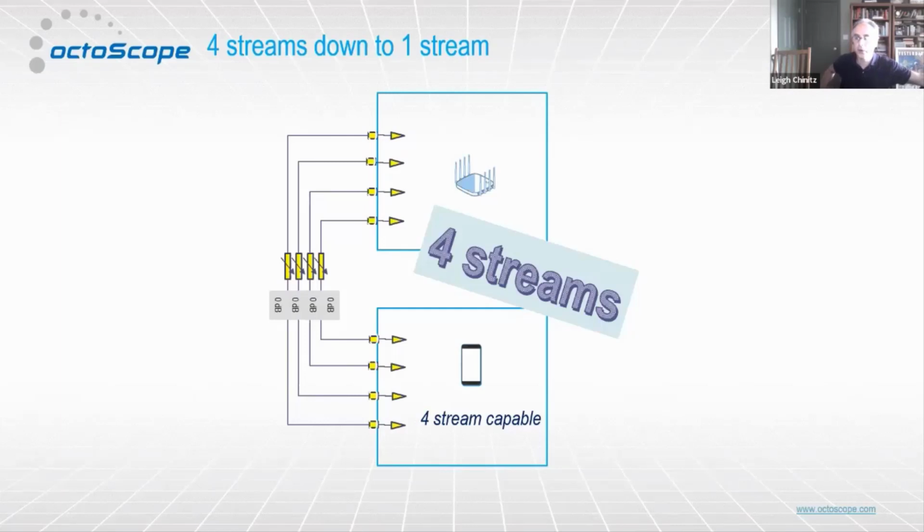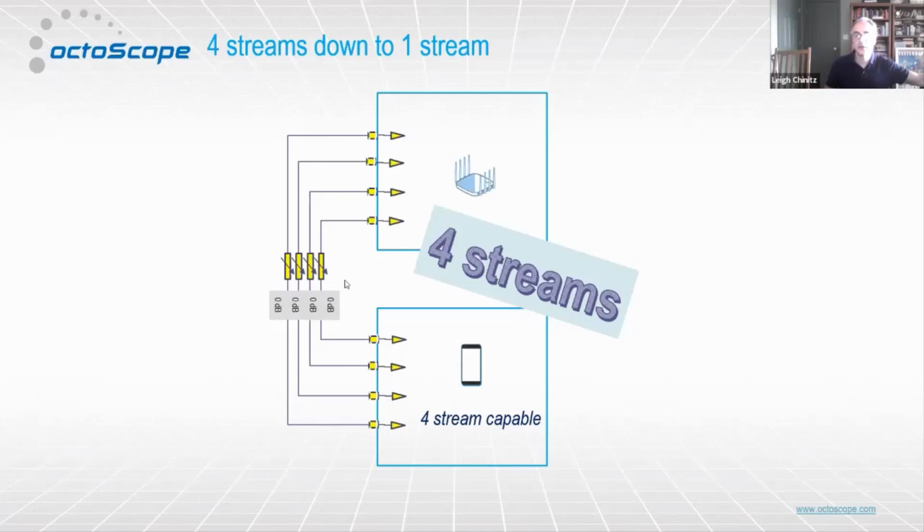In order to have 4 independent spatial streams, the transmitter and receiver have to be able to differentiate between those streams somehow. And that, you can imagine, is not possible to do if you don't have independent RF paths. As I'm going to show you, if you do have 4 independent paths, you can get 4 streams.